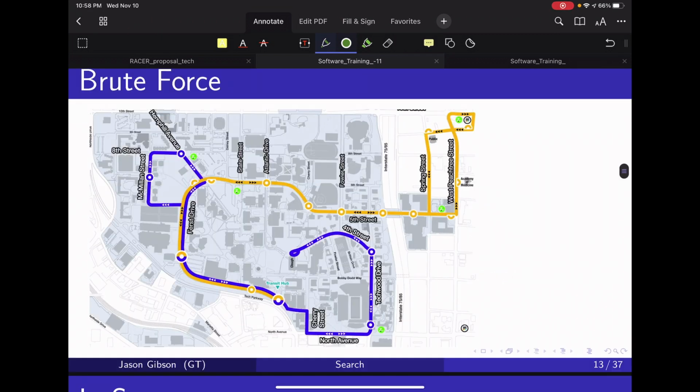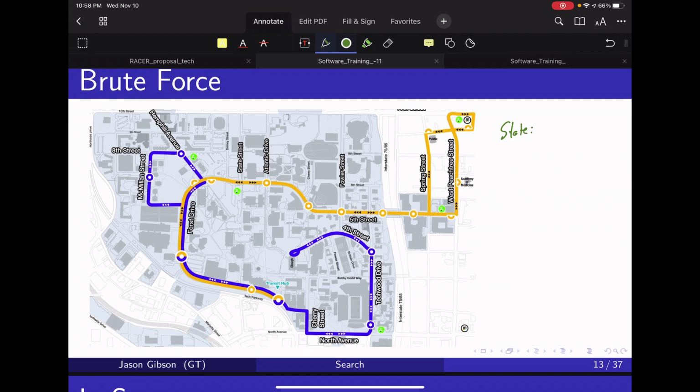So let's look at the path planning problem and how we define our state. Now, the definition of state is really important, and we're about to see why. So this is the bus map going across campus, and you have these different stops all along. Now, there's multiple ways we can look at this. We could say that our state is equal to our location.